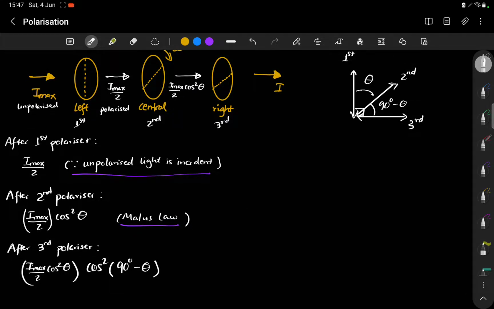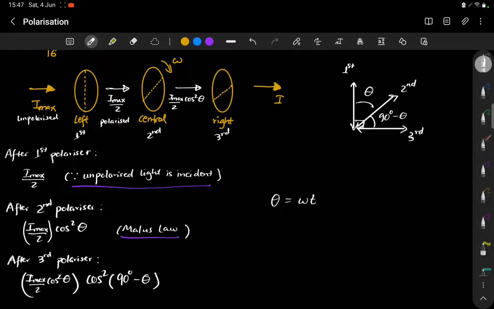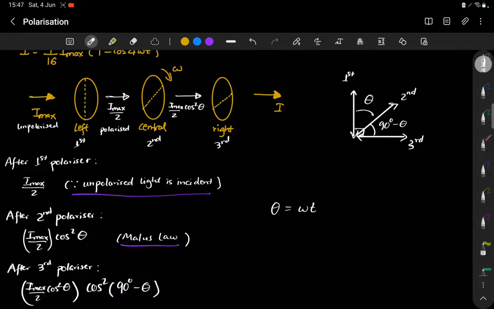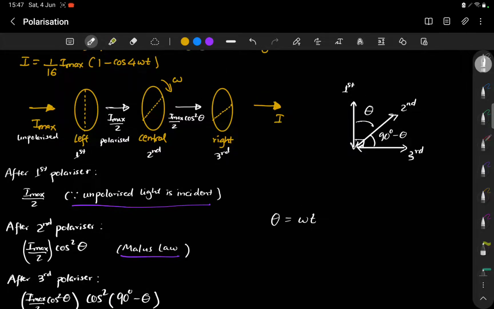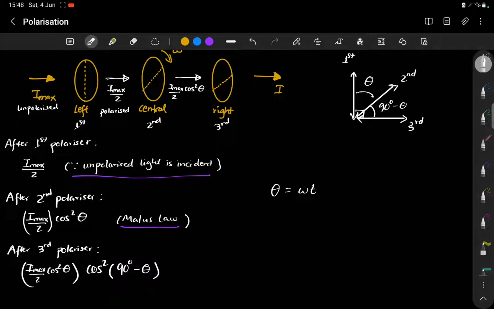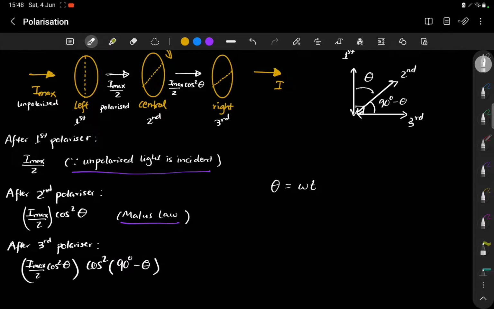Now theta in our case is going to be omega t because theta is given by this angular speed. So this polarizer is being rotated by angular speed omega. So the angle that it makes, theta, would be omega times t. Now let us use some trigonometry to simplify these expressions. So we will use the following trigonometric identities.